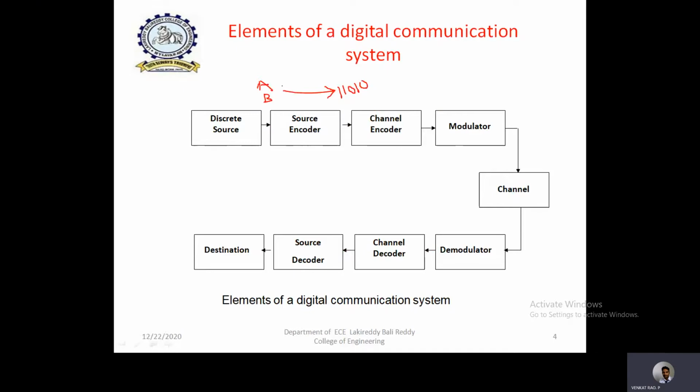For example, A is coded into 110 and B is coded into 10, something like that. So each symbol is coded separately and then the combined sequence is generated by the source encoder. By default, the source encoder converts the symbols, or the original data, into bits. So that is conversion into digital.